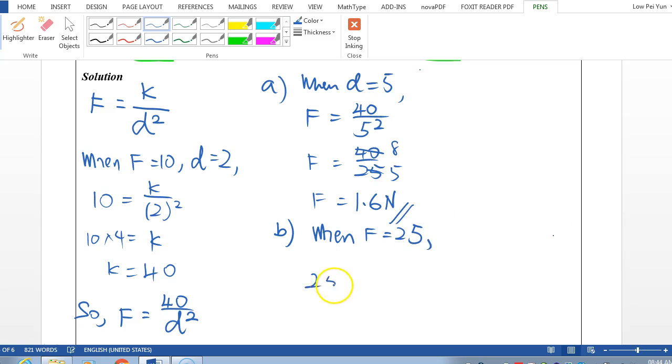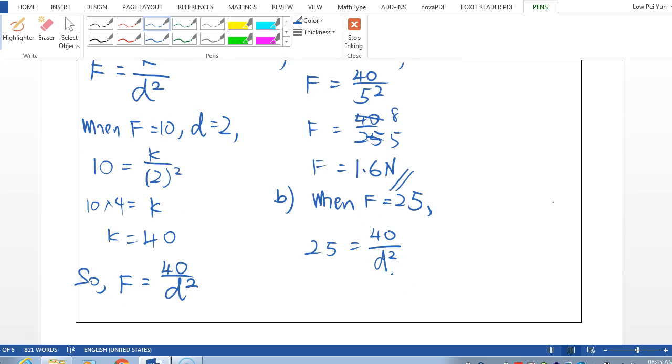F is 25 is equal to 40 over d square. Now d square. So d square is equal to 40 over 25, and d square is equal to, after cancellation, we are getting divided by 5, 8 over 5.